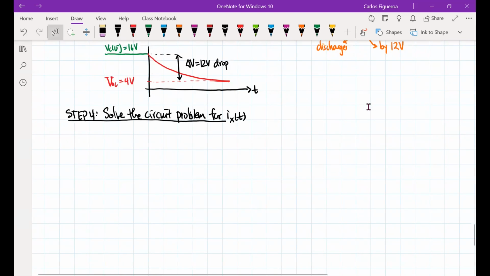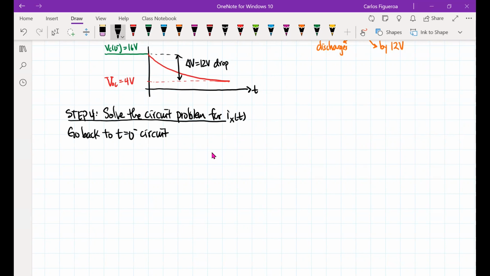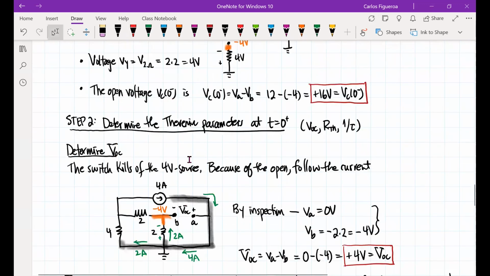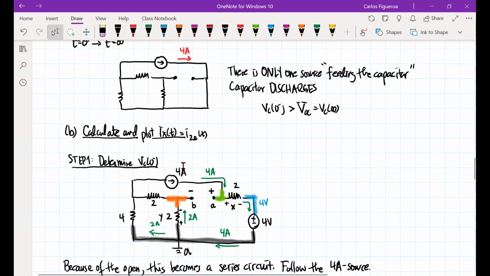So what I'm going to do here is go back to our original circuit, the t equal to 0 minus circuit. Now note, we've already written this out. So if I come all the way back here, I'm going to copy this circuit and bring it with us.